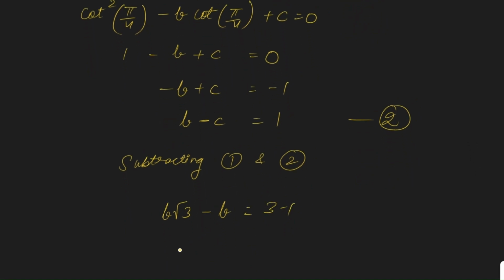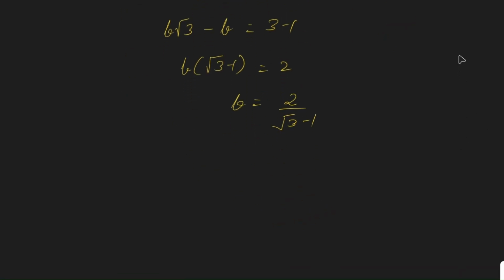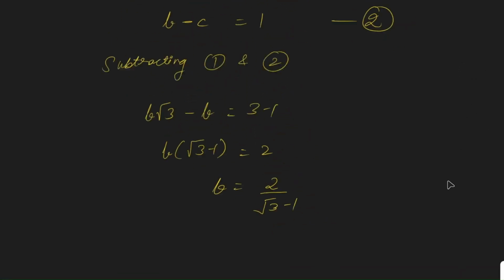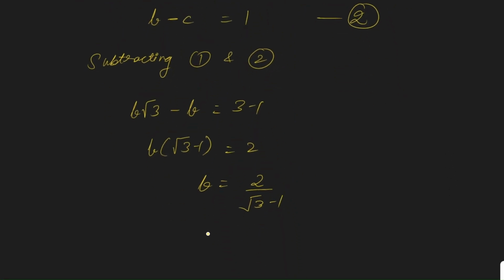We can take b as a factor, and this will become root 3 minus 1, and then this will be 2. So the value of b comes out to be 2 over square root of 3 minus 1. For the value of c, we can use any of the equations. Let's use the second equation: 2 over square root of 3 minus 1 minus c is 1.